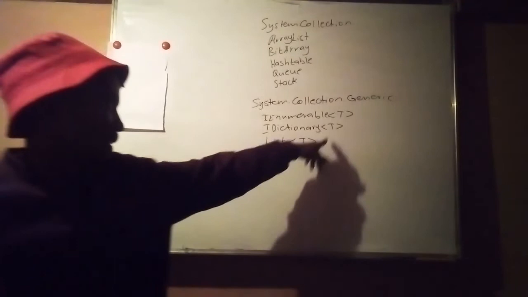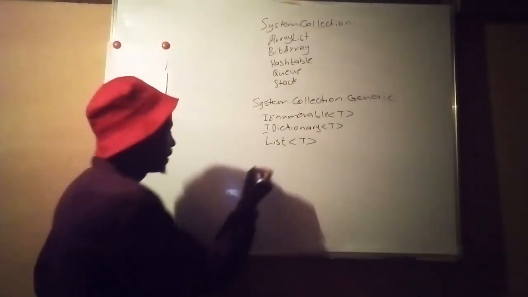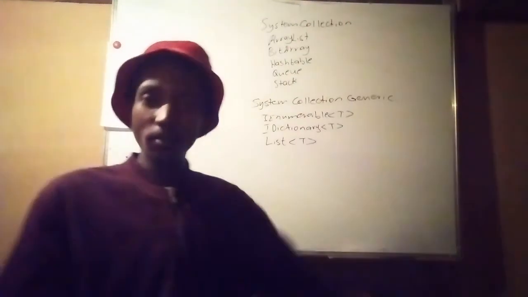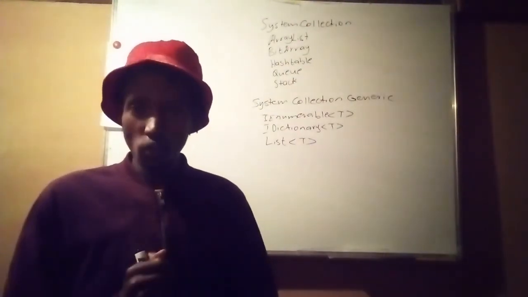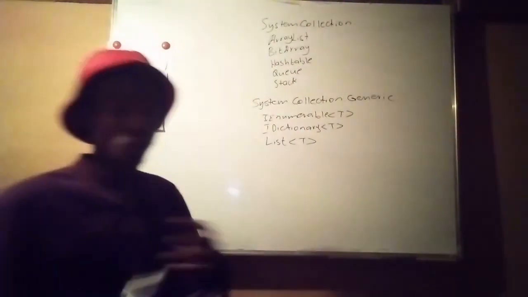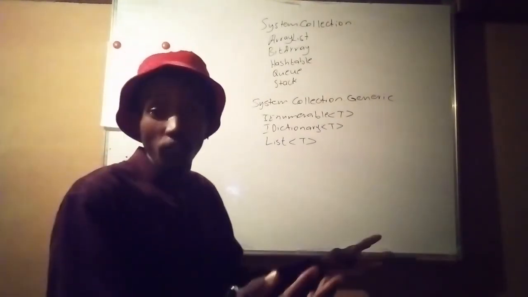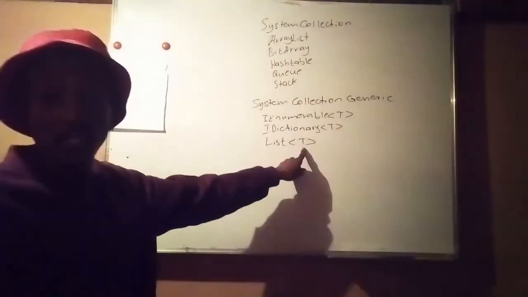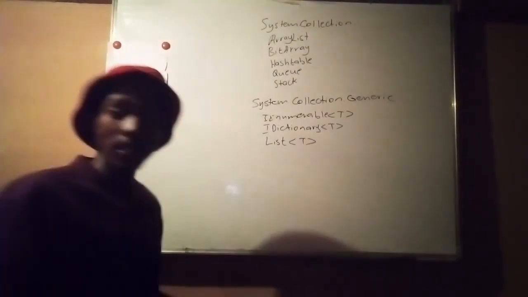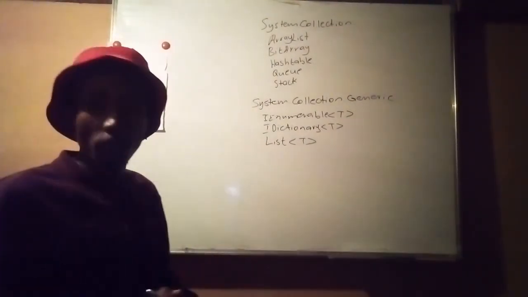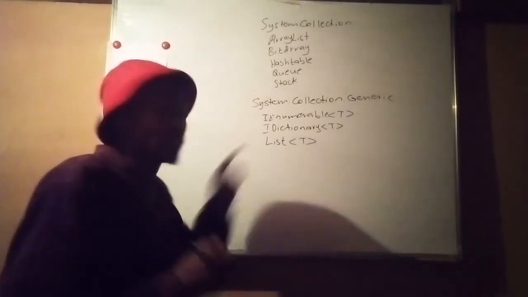Where T is basically the type of the data items that you want to add into this container. For example, if you want to add a list of integers, then you're going to specify int there. If you want to add a list of strings, specify string there. If you want to add a list of doubles, you're going to add double there.